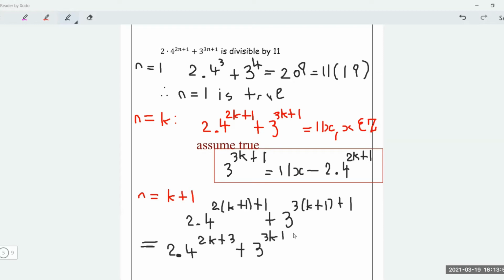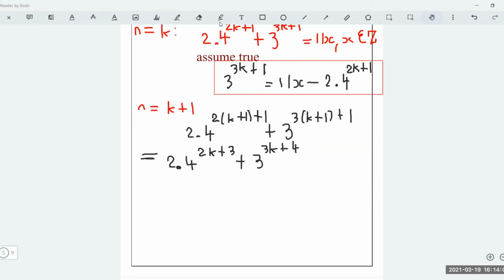Now, of course, I want something with 3 to the 3k plus 1 to substitute. So this 3 to the 3k plus 4 is not going to work. So what am I going to do? I'm trying to get rid of that.